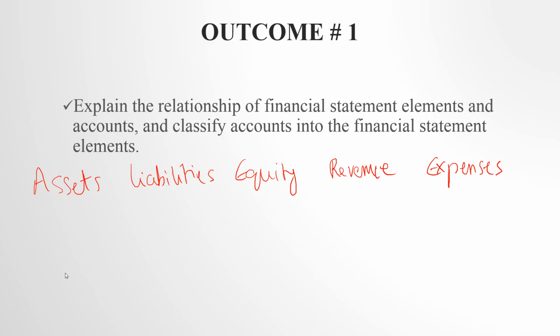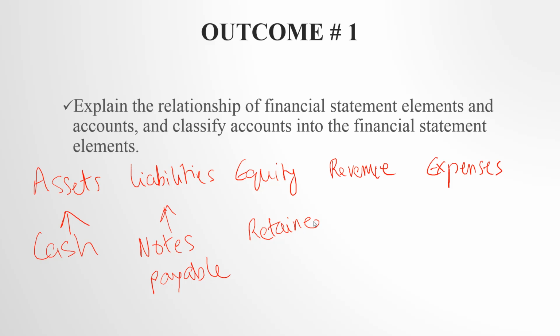For example, cash is an account within assets category. Notes payable is a liability. Retained earnings is a part of equity.